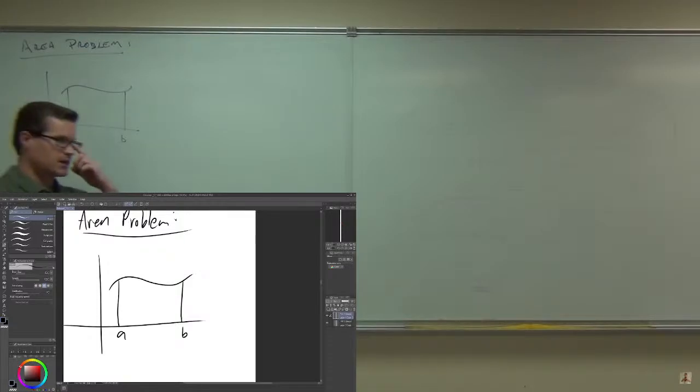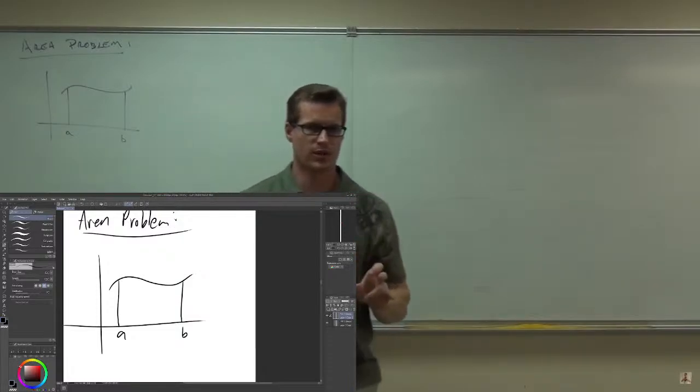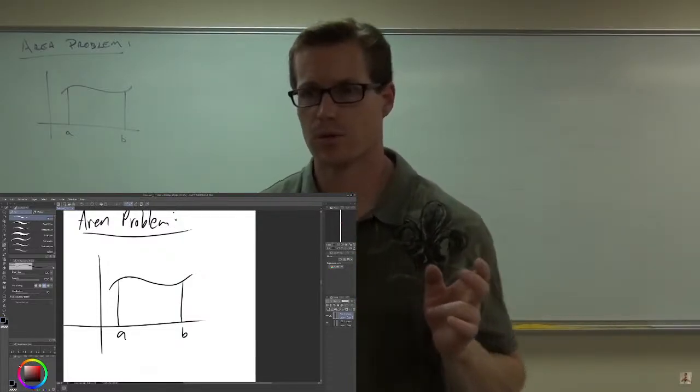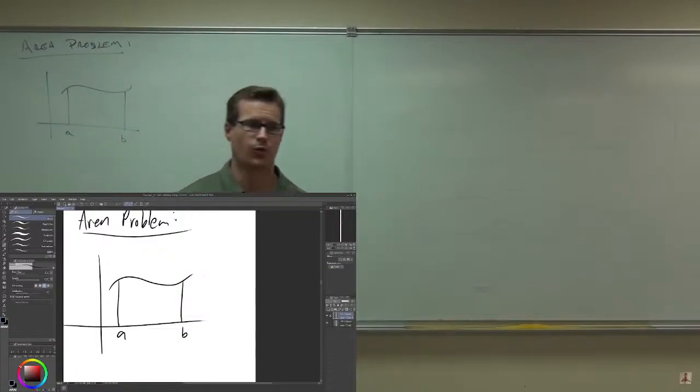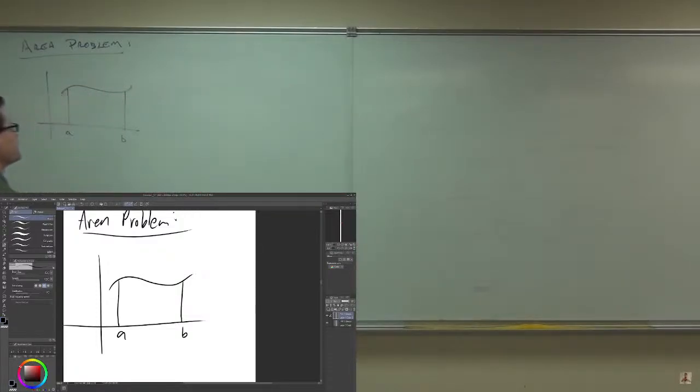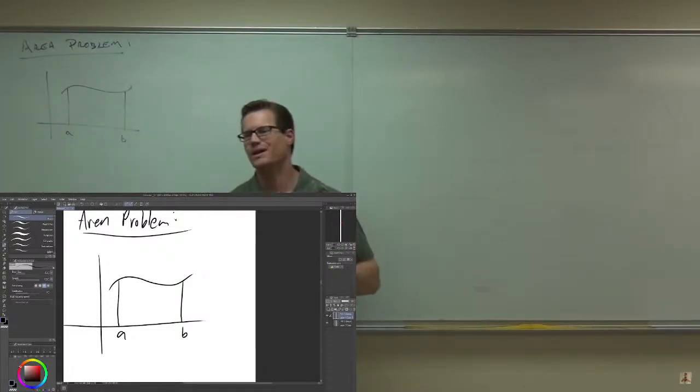The area problem says, can you find the area under a curve between 2 points? The answer is yes, you can with calculus. Only how are we supposed to do this? We let limits work for us. Here's the plan. Firstly, can you find the area the way it is right now? No, it's got a curve to it.